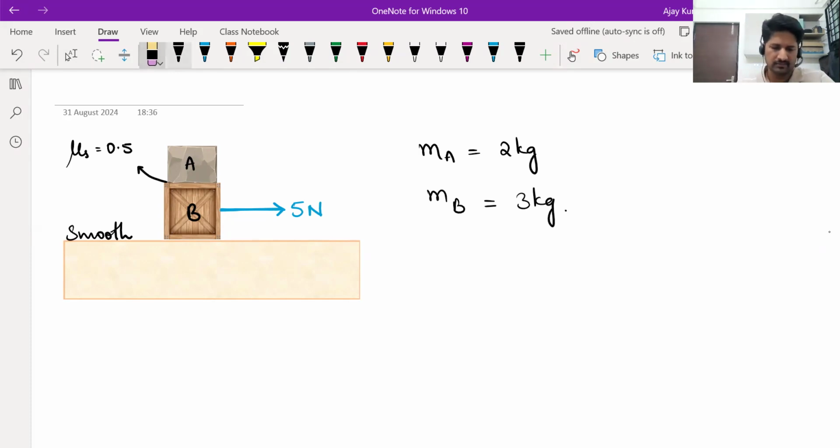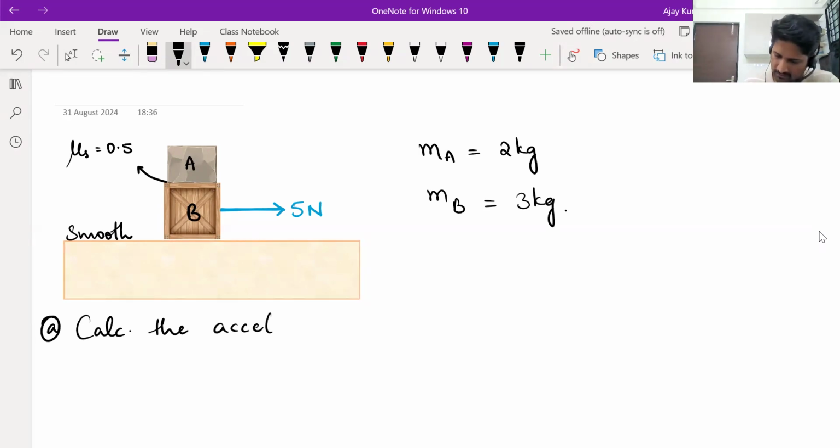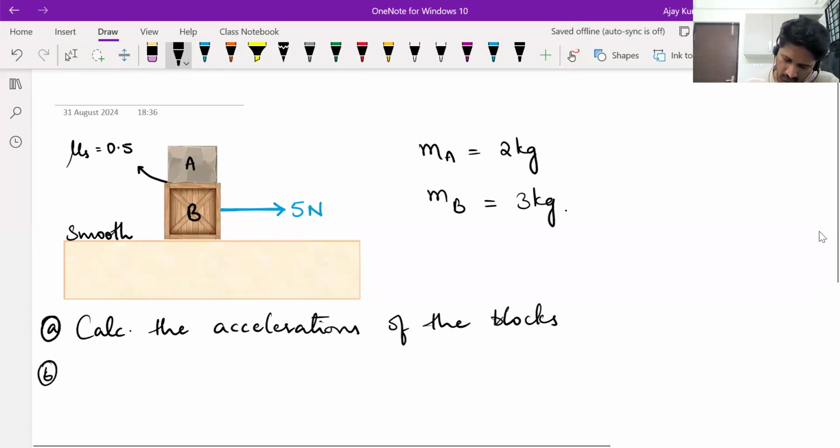So the system was at rest initially. We start pulling the lower block with a force of 5 Newton. You have to find out what happens. So the question is to calculate the accelerations of the blocks and also the amount of friction acting between them.